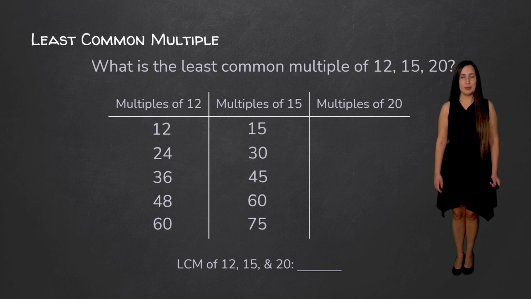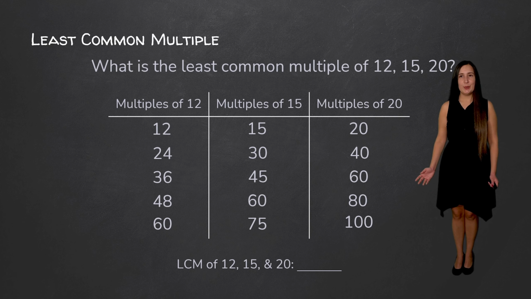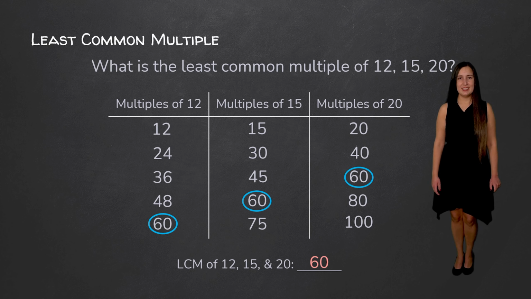And our multiples of 20 are 20, 40, 60, 80, and 100. So here we have our multiples of 12, 15, and 20, and notice that the one that they have in common is 60. All right? So our LCM is 60. And that's how you find the least common multiple.